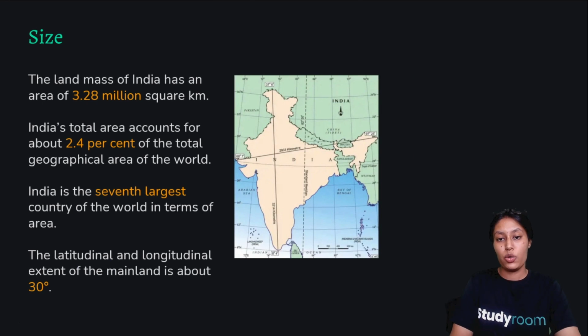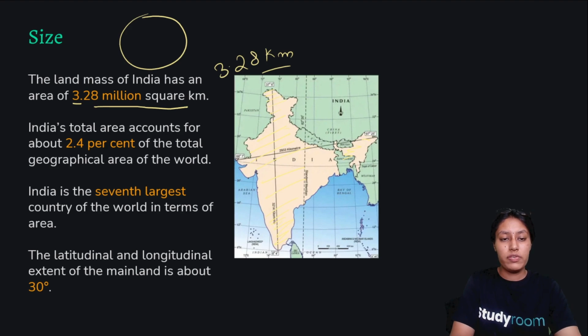Now we'll talk about numbers of size. In the previous topic we were talking about the boundaries. Now we will talk about the land mass, which means this whole part. The land mass of India is 3.28 million square kilometers.